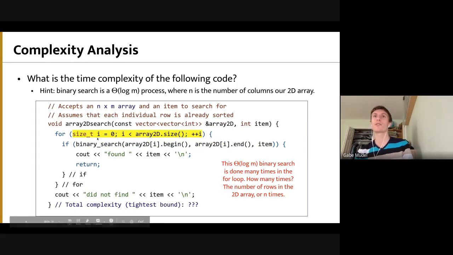And then this for loop is just running through the number of rows in the array, so this is n. We're doing a log m algorithm n times. So that would be n log m.